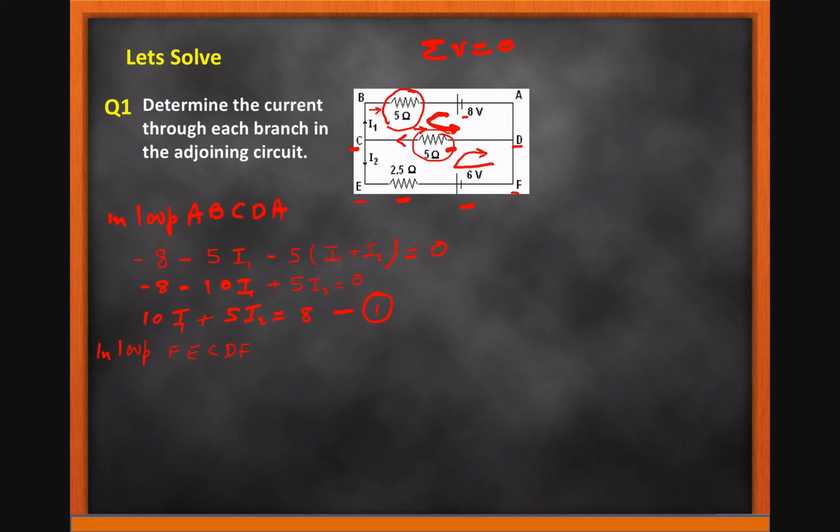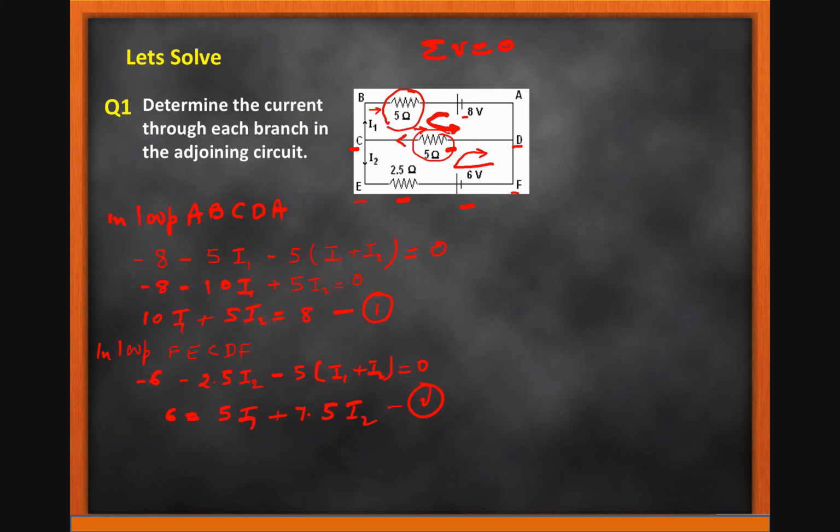So here, as per convention, the answer should be minus 6, then minus 2.5 I2, then minus 5 times (I1 plus I2) is equal to 0. If we solve it, it should be 6 is equal to 5 I1 plus this 2.5 and this 5, equal to 7.5 I2. This is equation number 2.